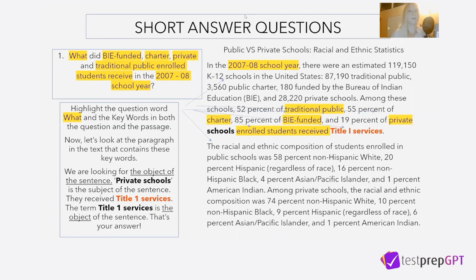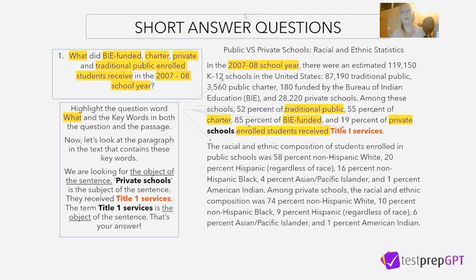Among these schools, 52% of traditional public, 55% of charter, 85% of BIE funded, and 19% of private schools enrolled students receive Title I services.